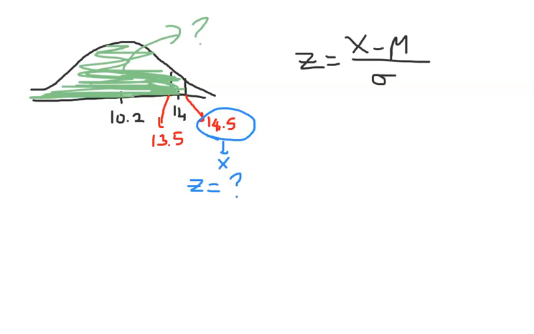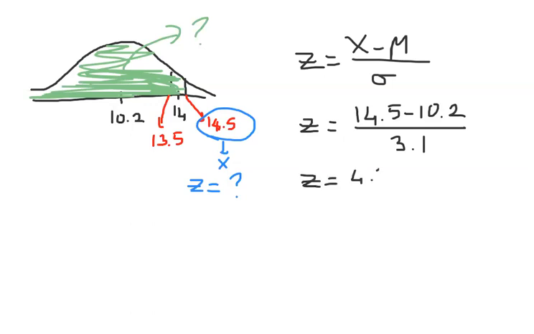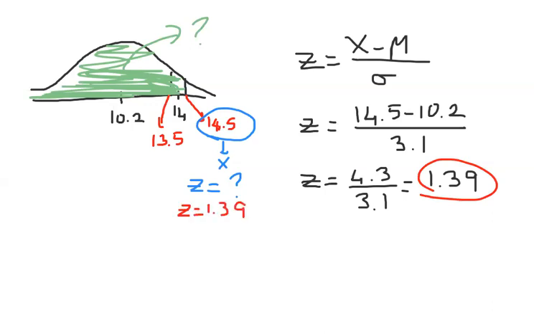So I know my x. x is equal to 14.5, mu was 10.2, and sigma was 3.1. So when you do this calculation, you get 4.3 divided by 3.1, which is equal to 1.39. So we got our z-score value, which is 1.39. So therefore, z is equal to 1.39 at this point.